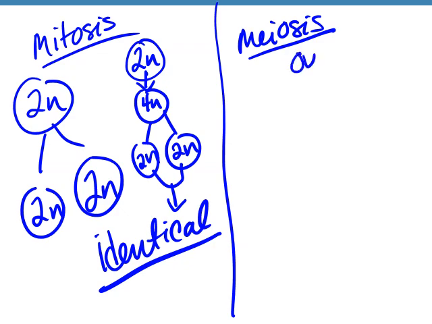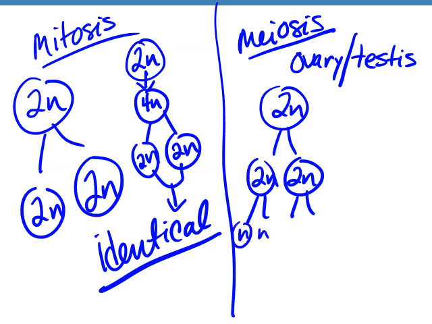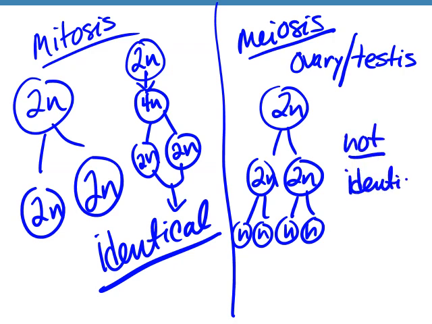All right, with meiosis, this is happening in the ovary and testis, or ovaries and testes, either way. So we have one cell, it's going to copy itself into two cells, and then each one of these is going to split into half. So with meiosis, these are not identical.